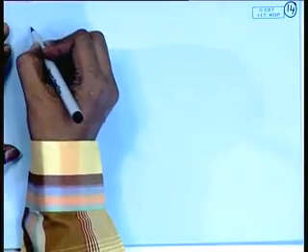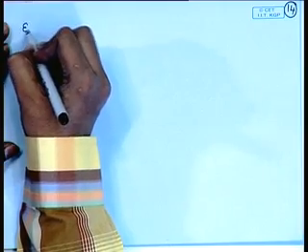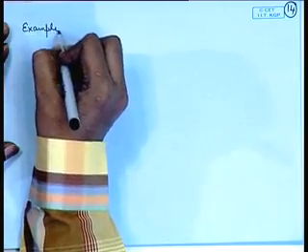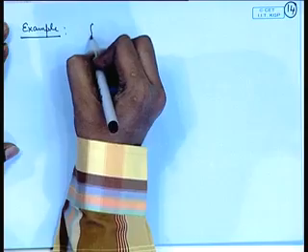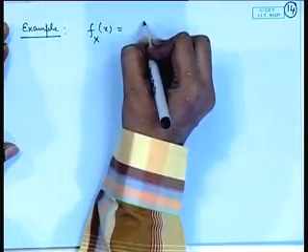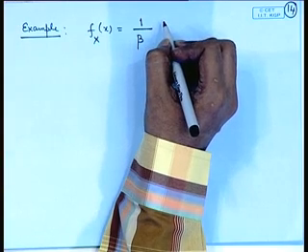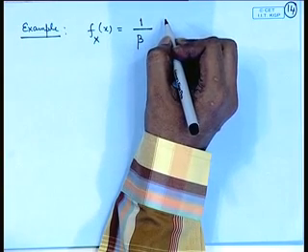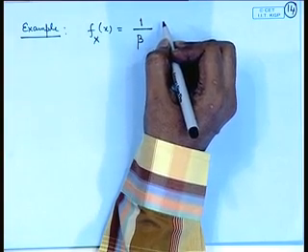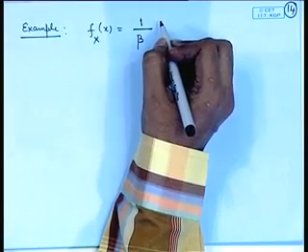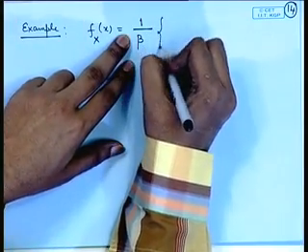Let us look at some examples of calculation of certain distributions and the moments and other characteristics that we have discussed so far. So, let us consider one example. Let x be a continuous random variable with the probability density function given by 1 by beta times 1 minus modulus of x minus alpha by beta.